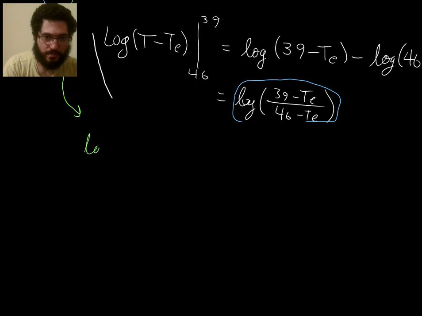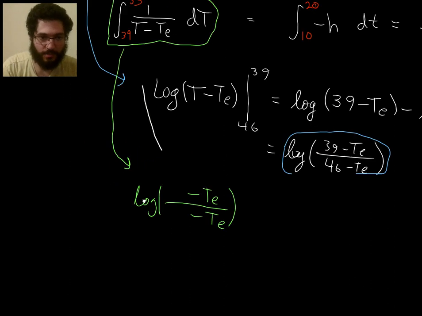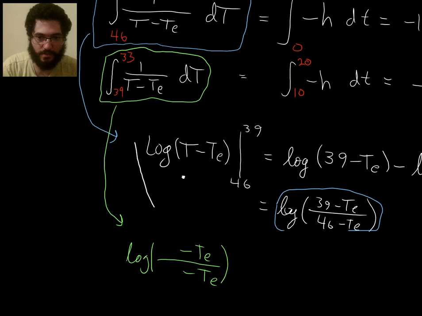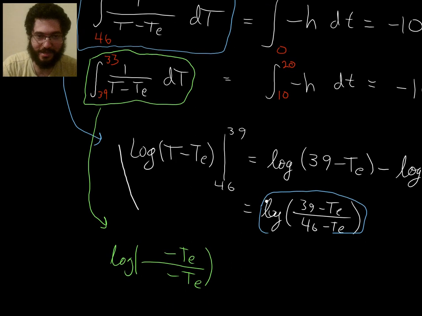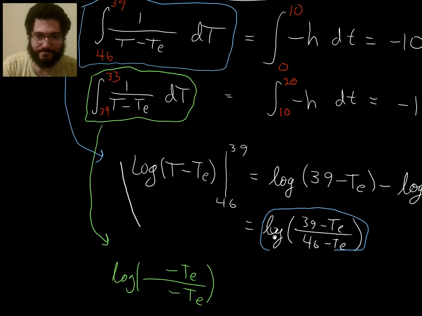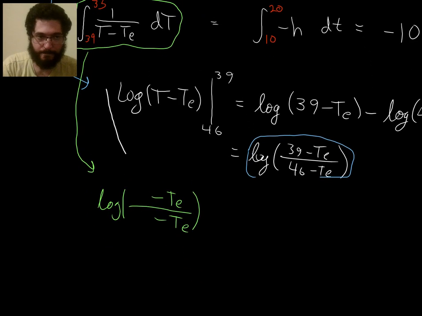So I get log of a number minus Te divided by a number minus Te. Let me go back. What are the numbers? 39 and 33. So how did this work again? I think 33 at the top, right? Cool.